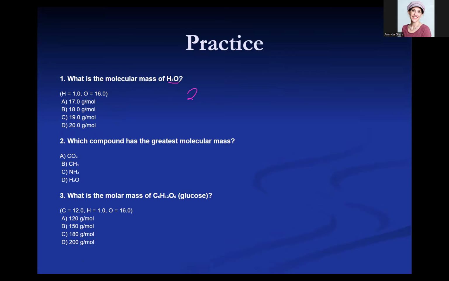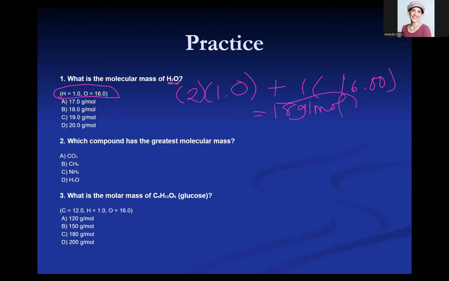Well, we know that we have 2 hydrogens. Each hydrogen has a mass of 1.0 according to what we're given, plus 1 oxygen times 16.00. That gives us 18 grams per mole. That is B right here.